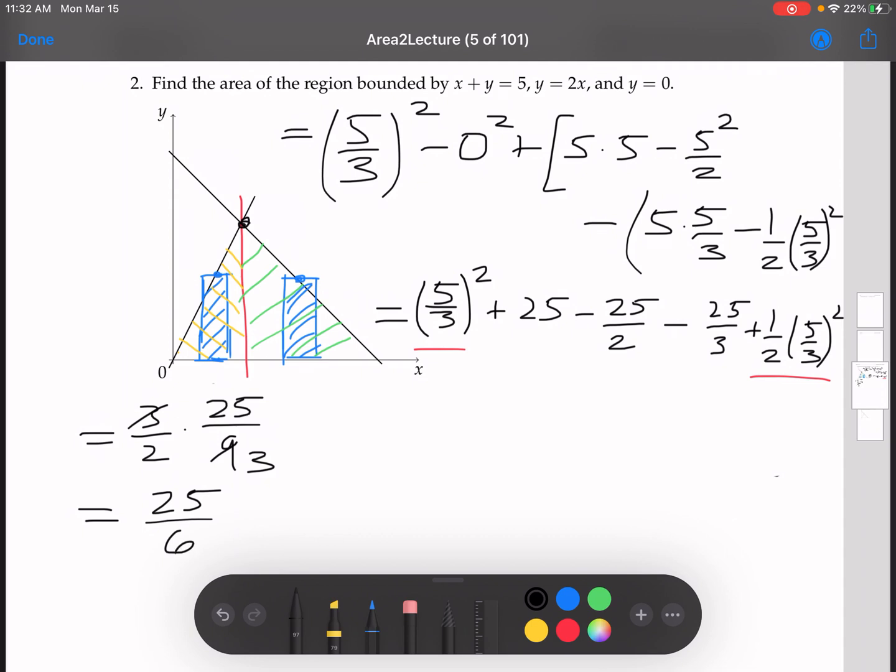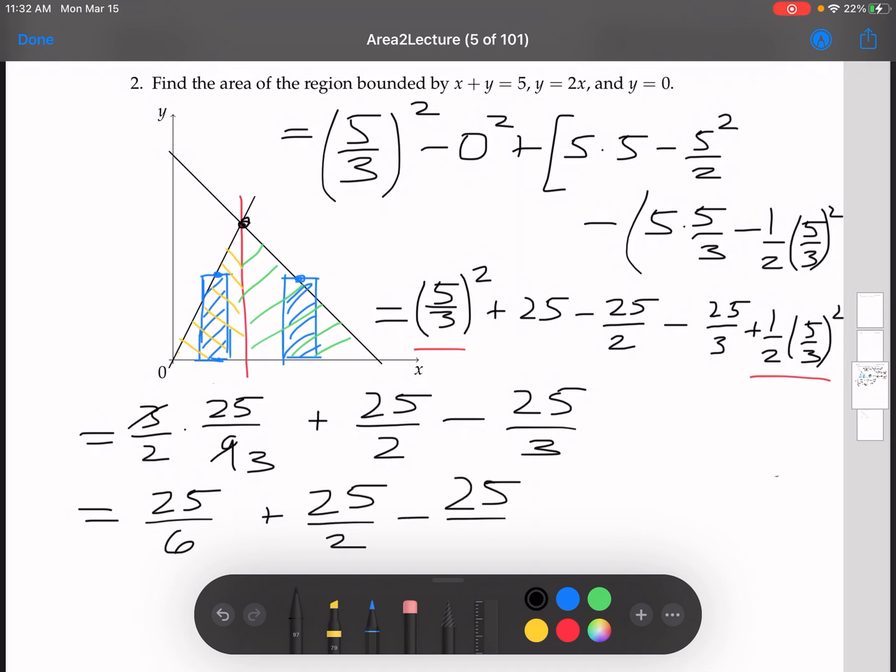Plus 25 minus 25 over 2: again, you can think of the 25 as a like term, so 1 minus 1/2 is 1/2, which is 25 over 2, minus 25 over 3. So I've got 25 over 6 plus 25 over 2 minus 25 over 3.